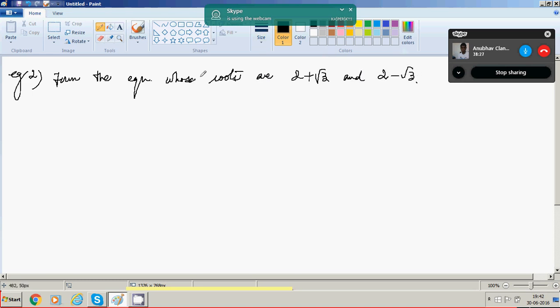These are surds. So you could do it this way, x minus 2 plus root 3 times x minus 2 minus root 3 equal to 0.